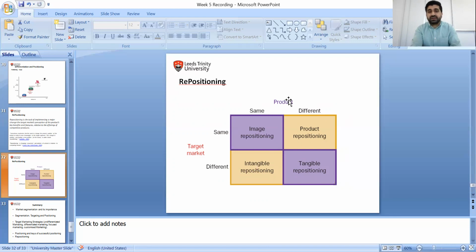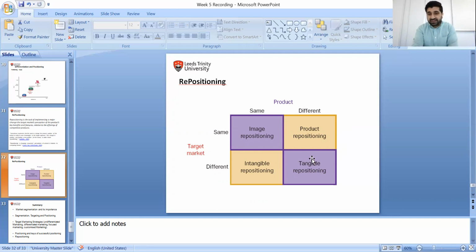If our product is new and the target market is the same, then we are doing product repositioning in this target market.